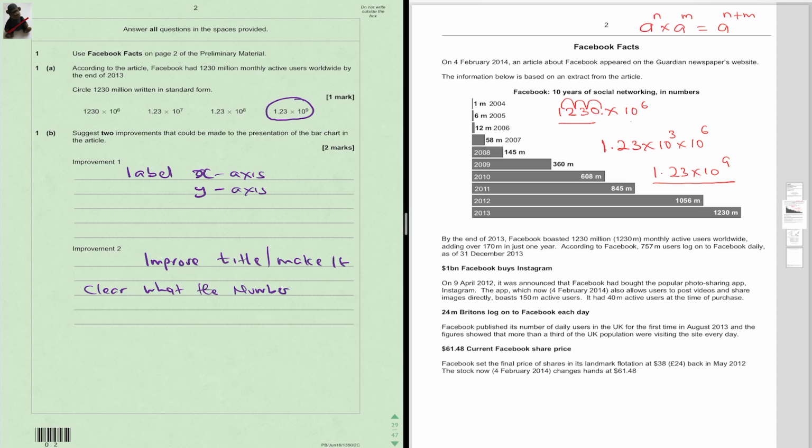That's what we could do. We could also correctly place the year before the numbers of users. We could also use a key to indicate, for instance, M stands for millions. So that could also help.